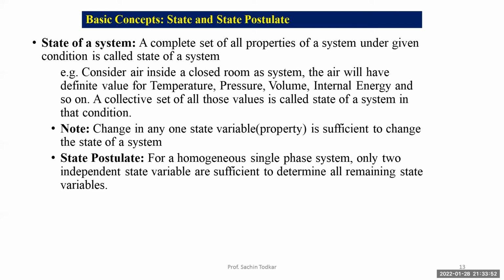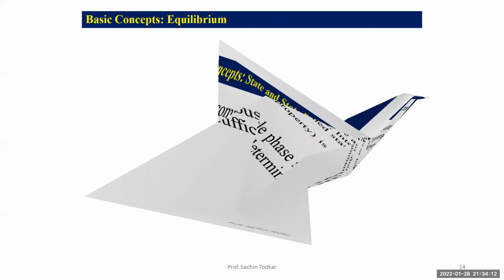State postulate: for a homogeneous single phase system, only two independent state variables are sufficient to determine all remaining state variables. So they are interdependent, and if we can define only two independent variables, they are sufficient to determine all other variables.